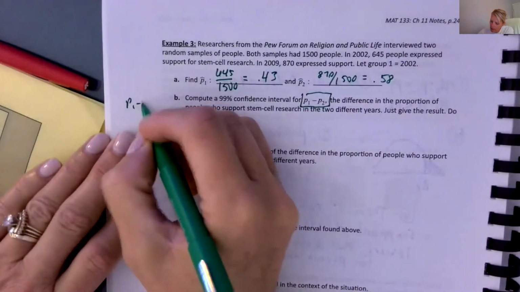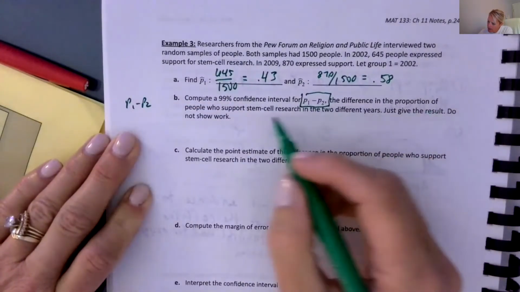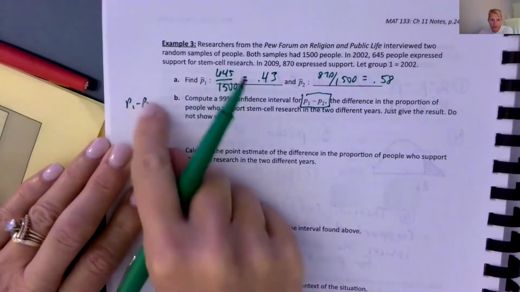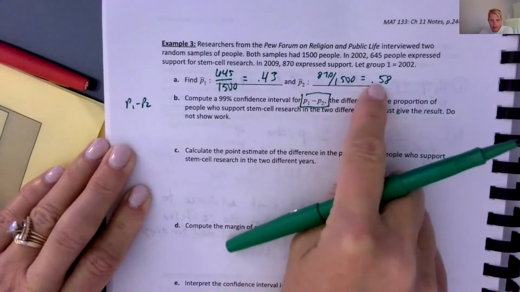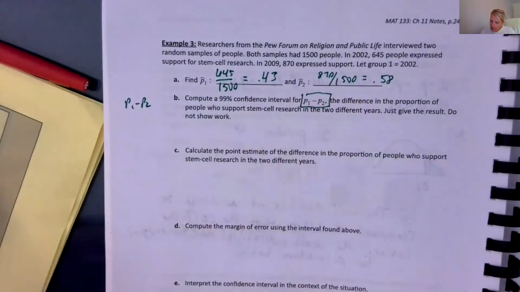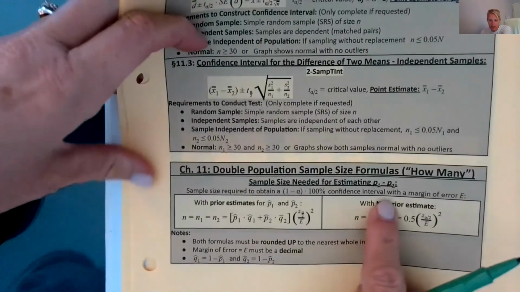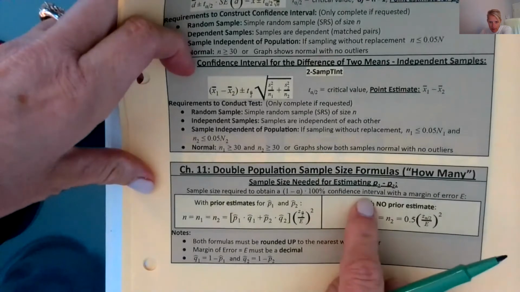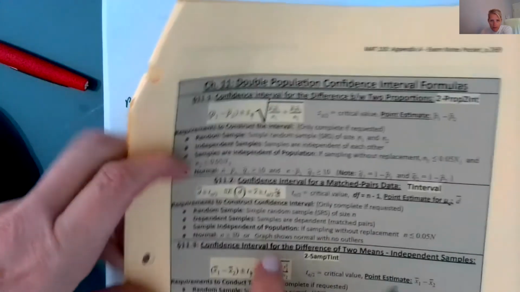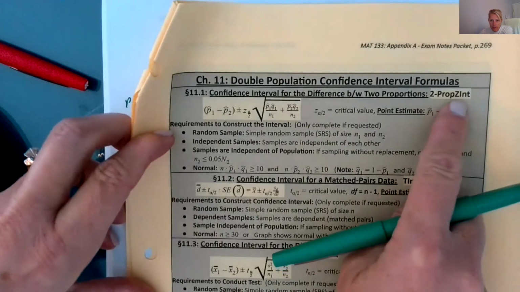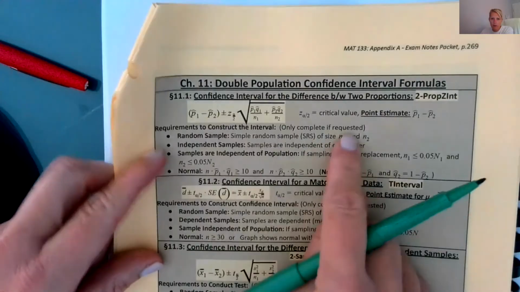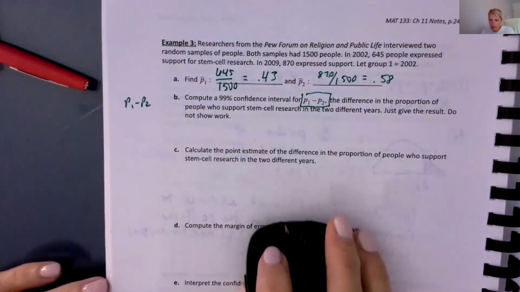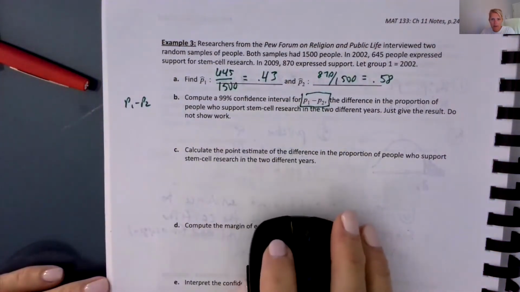And we just want to predict what that difference is. Right now it looks like P1 is lower than P2, but we'll see how that predicts. So let's go to a confidence interval here. This time I'm going to show this confidence interval right up here. It's the 2-prop Z interval in our calculator. We're going to assume that our requirements are met to do this.